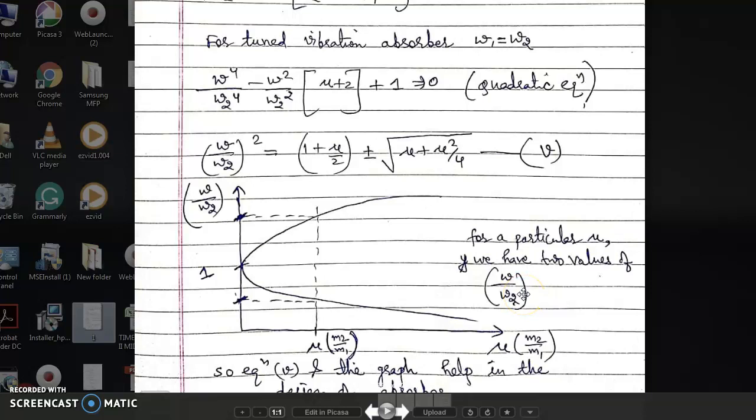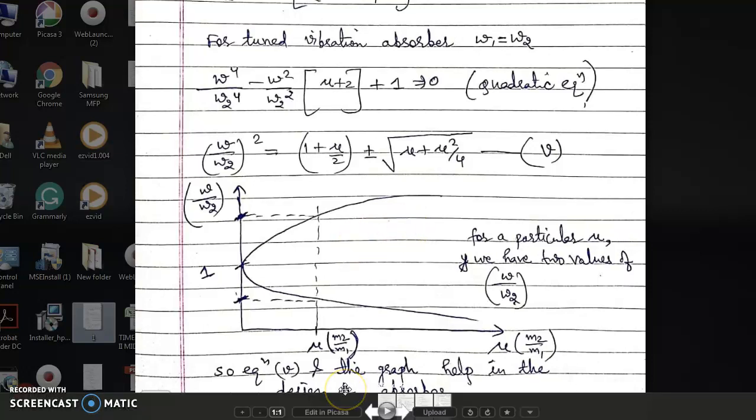According to that you will choose k2 and then you will find what is omega. So suppose you get two omegas like 0.78 omega or 1.25 omega, so you won't work on 0.78 and 1.25 omega in this system. So this is the basics of your vibration absorber.